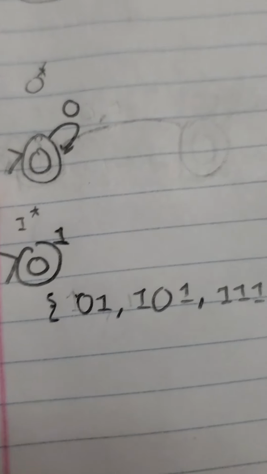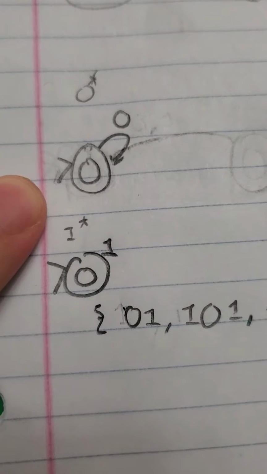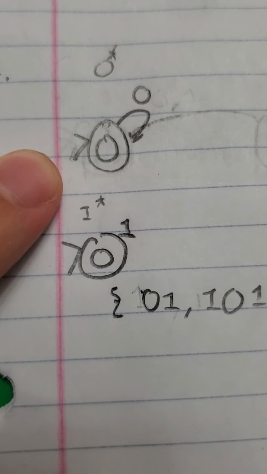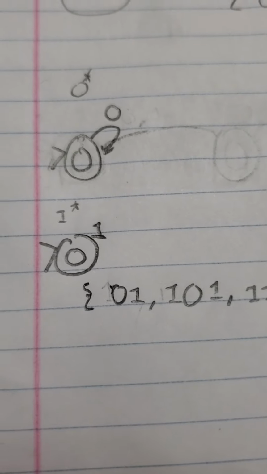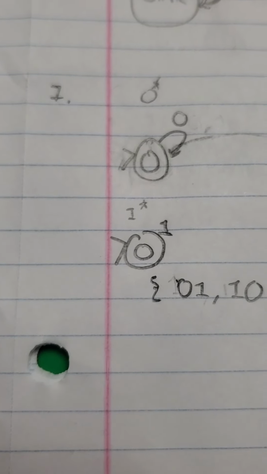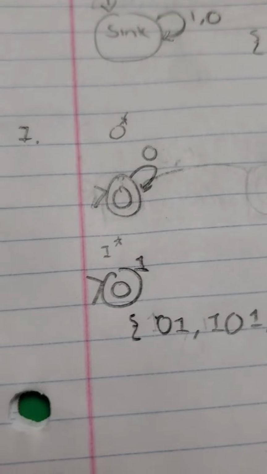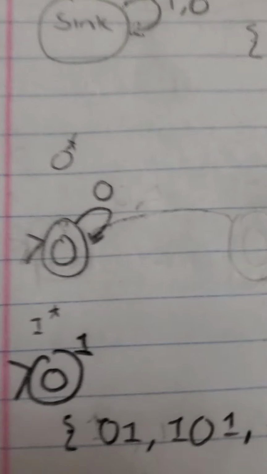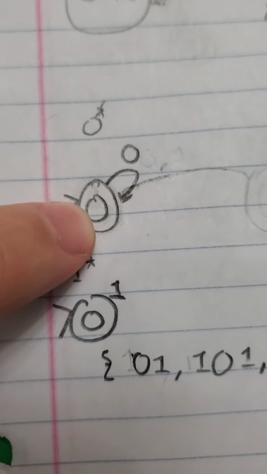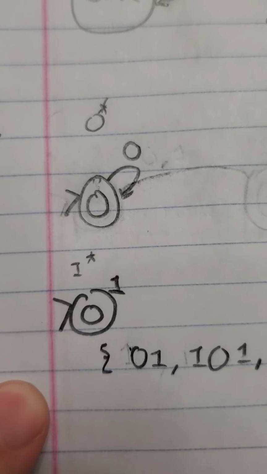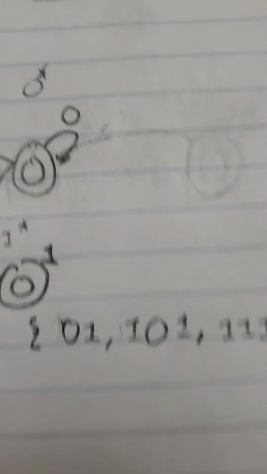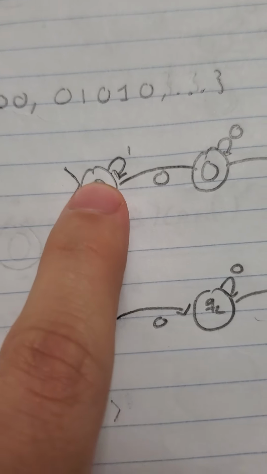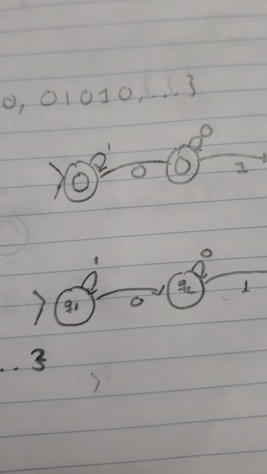Because I'll explain it better now. You're receiving any string that is not in 1 star 0 star. So as we're seeing, this is our 0 star and this is our 1 star, and what we only have to do is connect all of them to each other, as I explained before.